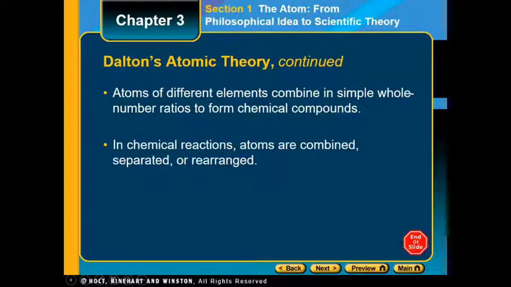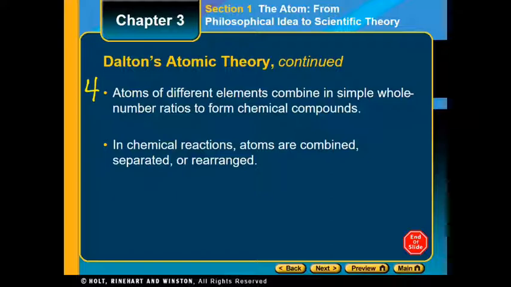And the 4th and 5th part of Dalton's atomic theory, part number 4, atoms of different elements combine in a simple whole number ratio to form chemical compounds. We've been showing you that with the law of multiple proportions. Carbon and oxygen, yep, they can make carbon monoxide, carbon dioxide.